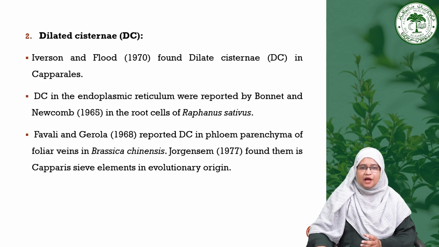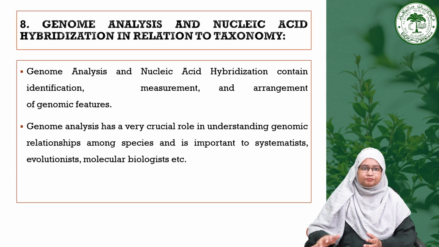They also categorized dilated cisternae, termed DC. Dilated cisternae in the endoplasmic reticulum were reported by Bonnett and Newcomb in the root cells of Raphanus sativus. Then Favali and Gerola reported DC in the phloem parenchyma of the foliar veins in Brassica chinensis, and Jorgensen found them in the sieve elements. So these are some ultrastructure studies that supported taxonomy.